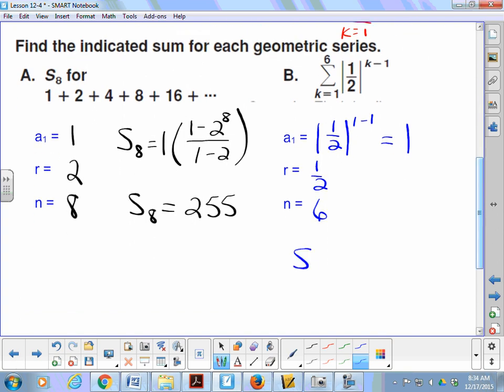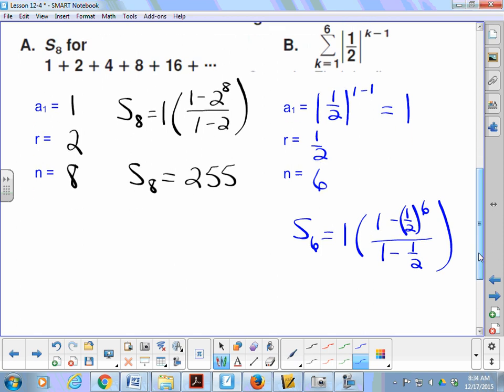So s sub 6 equals 1 times 1 minus 1/2 to the 6th power divided by 1 minus 1/2. Can you do it?